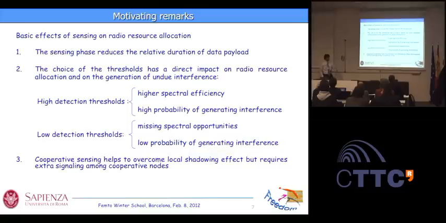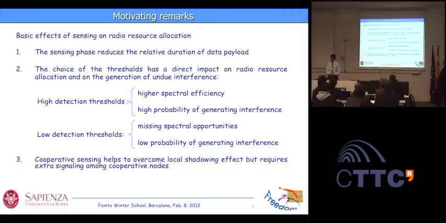The other problem, on the other side, is that if these detection thresholds are too low, it will be very likely that we will detect the presence of someone transmitting over a certain sub-channel just because the detection threshold is low. But we may have detections not only for the interference, but also because of noise.